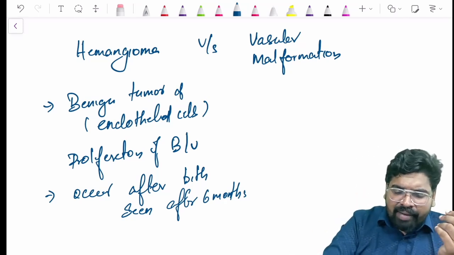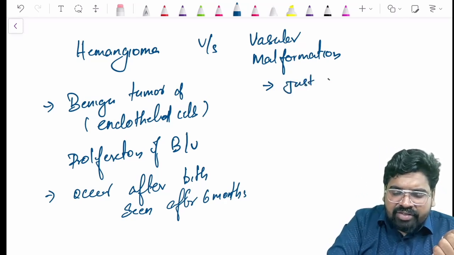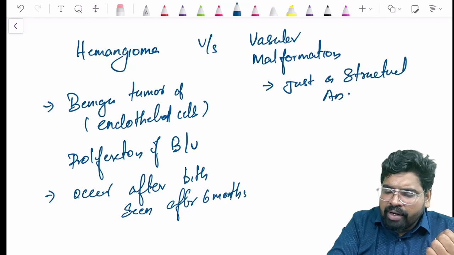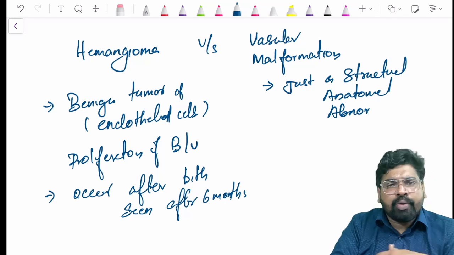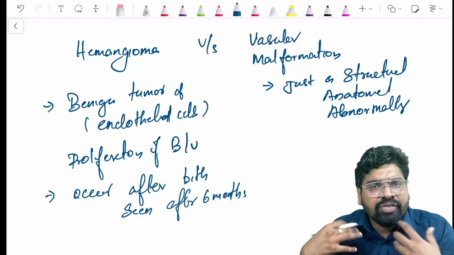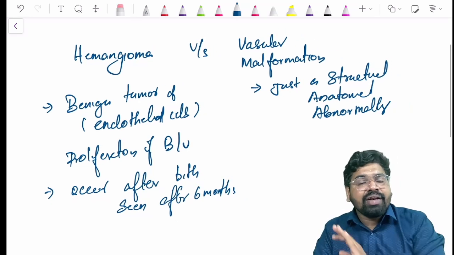Vascular malformation, on the other hand, is just a structural or anatomical abnormality. There is no proliferation here. There is no proliferation of blood vessels and no proliferation of endothelial cells. It is not a benign tumor.